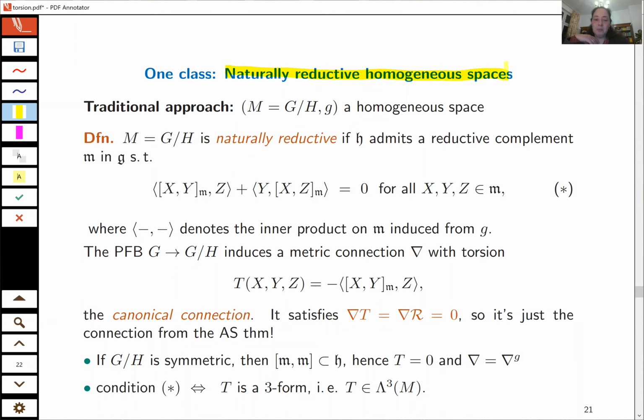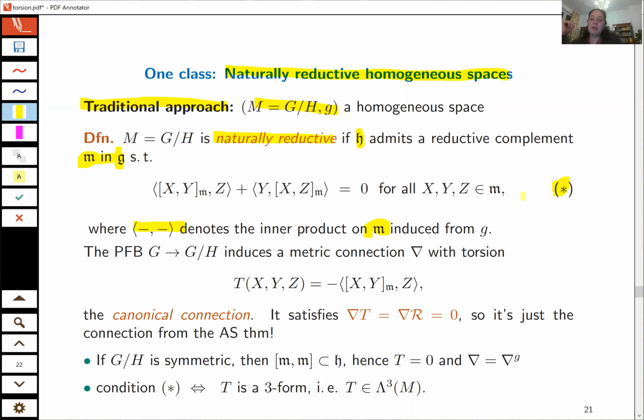The traditional definition of naturally reductive homogeneous spaces is that this is a homogeneous space with a metric of a certain type. Namely, I take M equals G over H, and it's naturally reductive if the Lie algebra h admits a reductive complement script m inside the big Lie algebra g, such that the following property holds for the metric. We know that the Riemannian metric on the homogeneous space induces an inner product on script m.